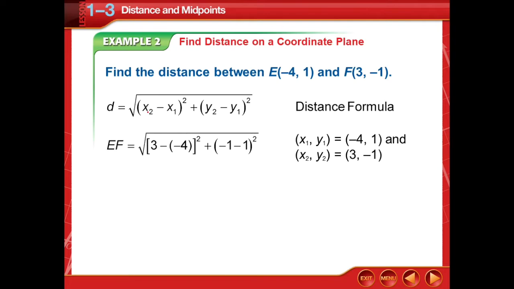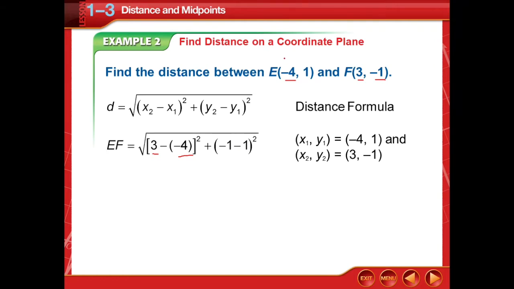And x2 simply means the second point, so I take my x here, which is my 3, and I take my -4, and that substitutes into here. y2 is the y of the second point, which is this -1, and y1 becomes the y of the first point, which goes here. Notice that this is a minus sign because that is the formula.